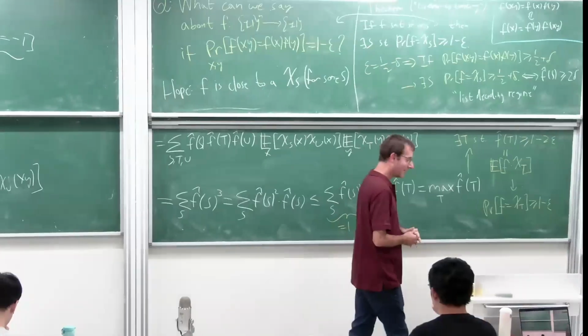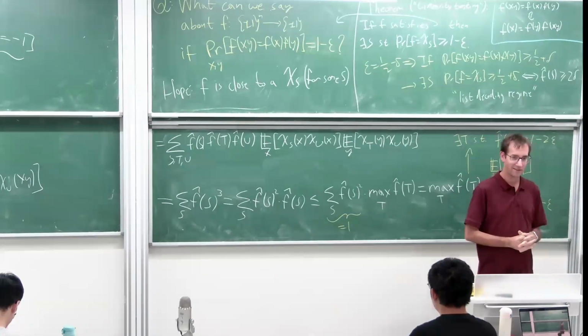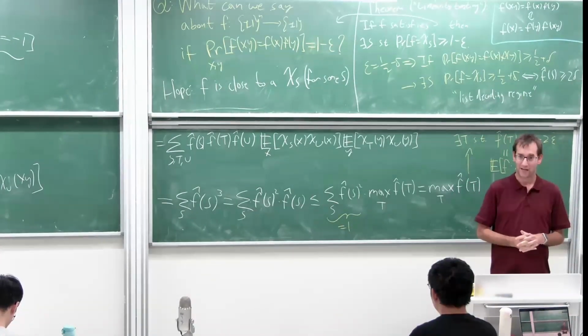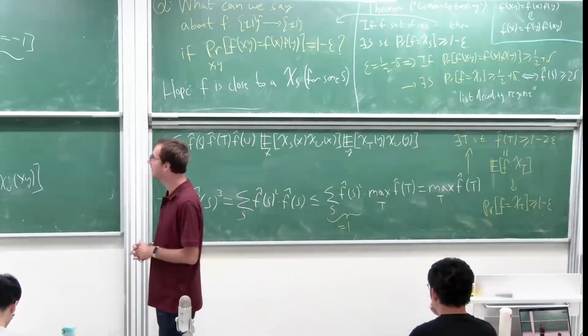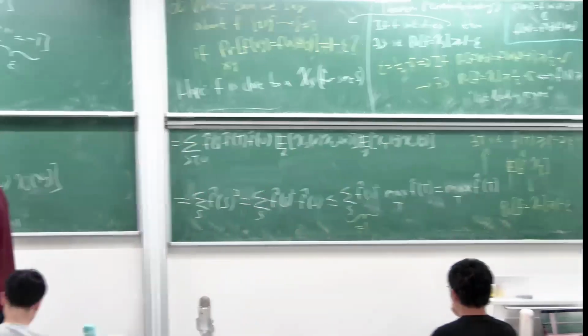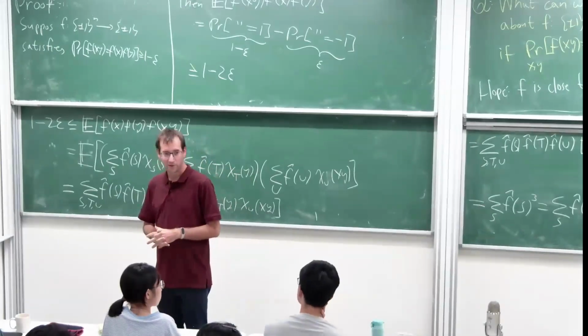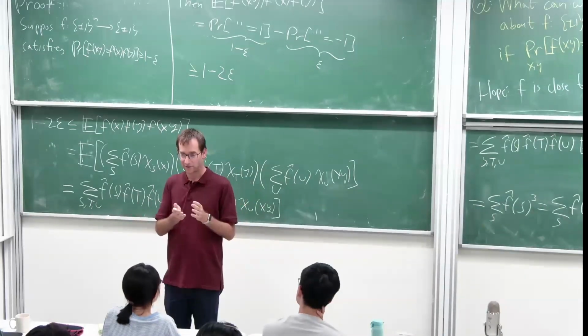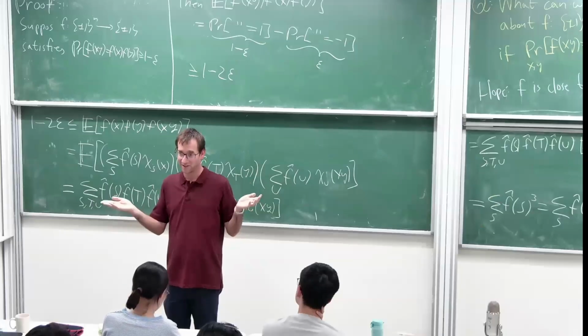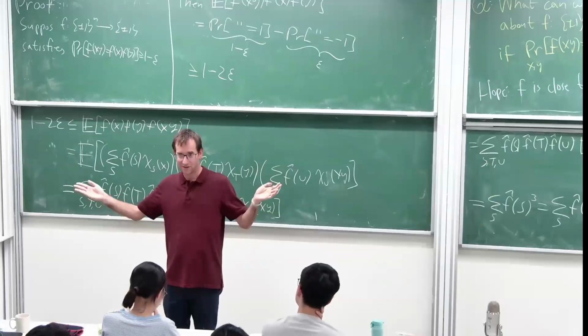But perhaps a better explanation is application to hardness of approximation. Okay, so let's say I'm giving you a system of linear equations over F2. The variables are 0, 1, and it's a system of linear equations.